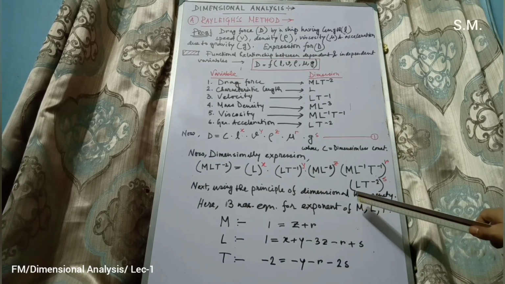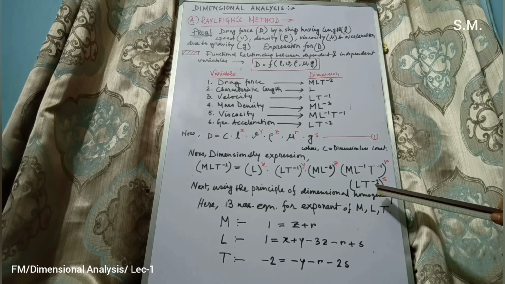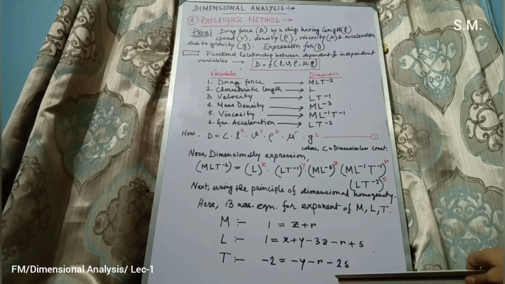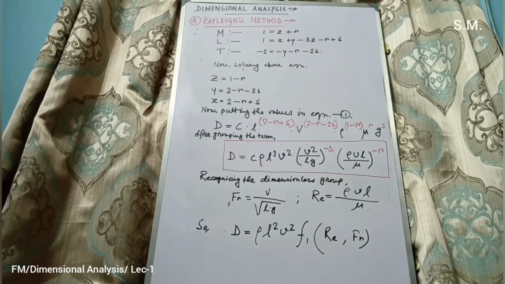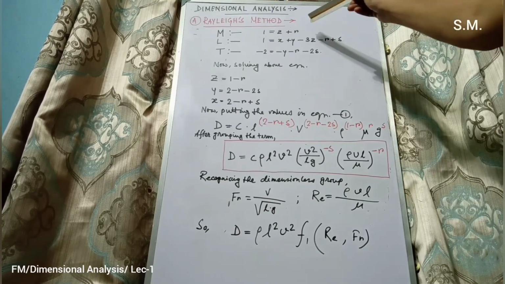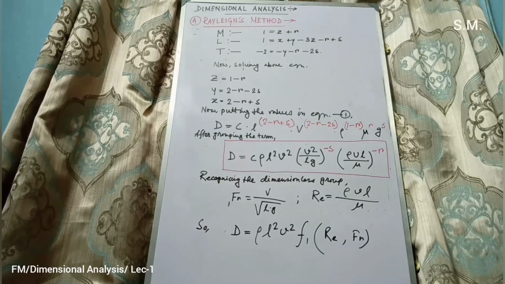Then there is minus 2s, so we put minus 2s. After finding the three equations for the exponents of M, L and T, we are solving the above equations.